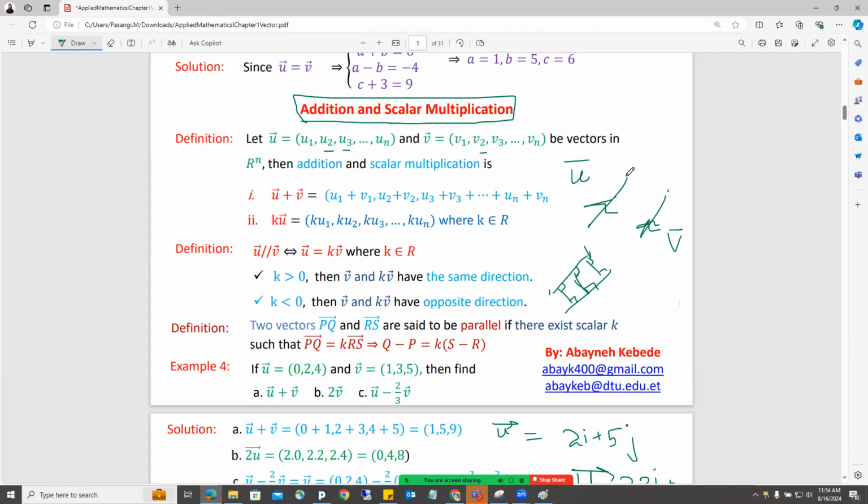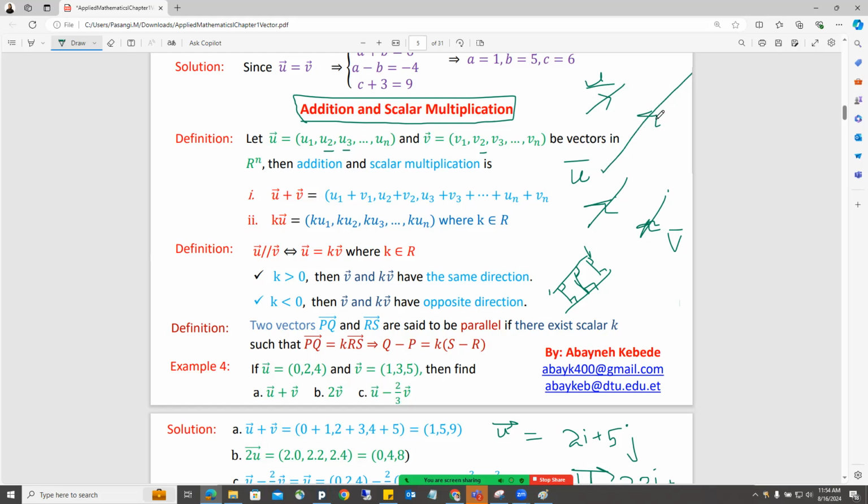So for the vectors also, if two vectors are parallel, that means their direction is same, but not necessarily the magnitude. The magnitude can be different. Let's assume the vector u like this, and here we have the vector v.